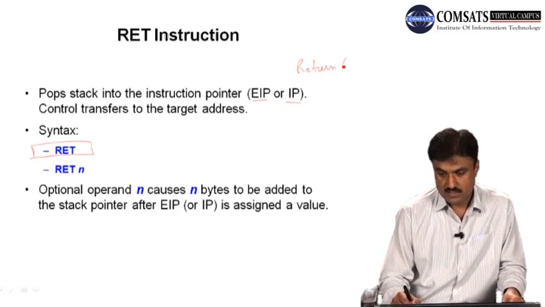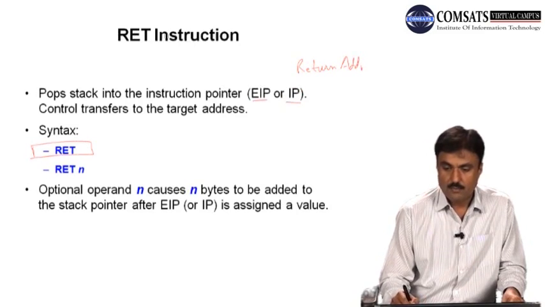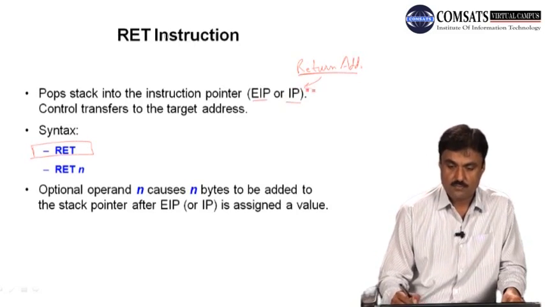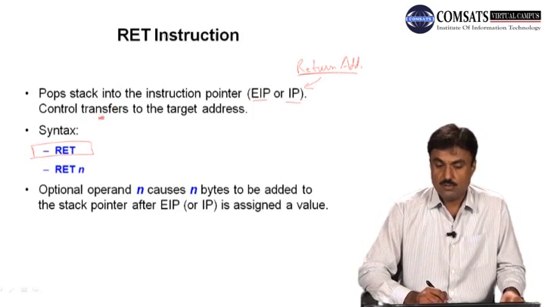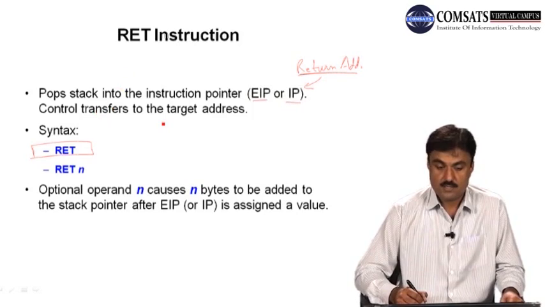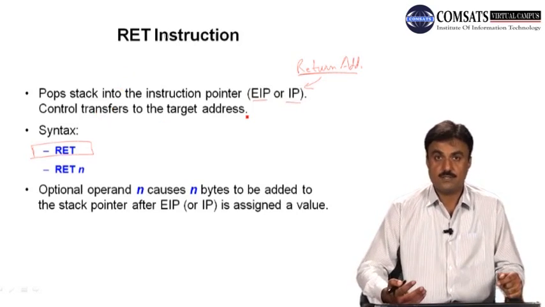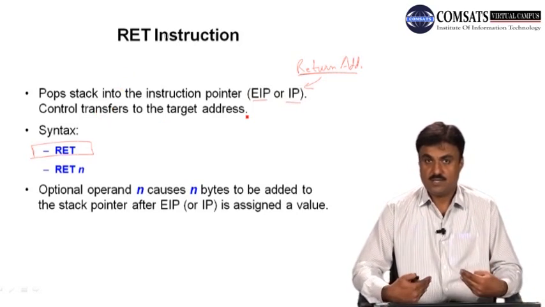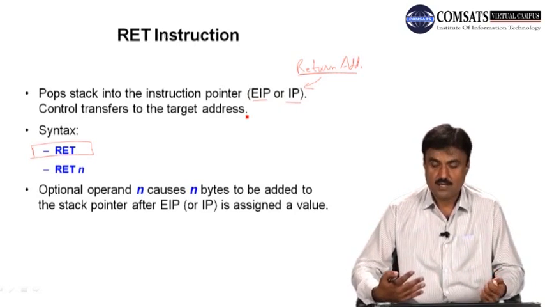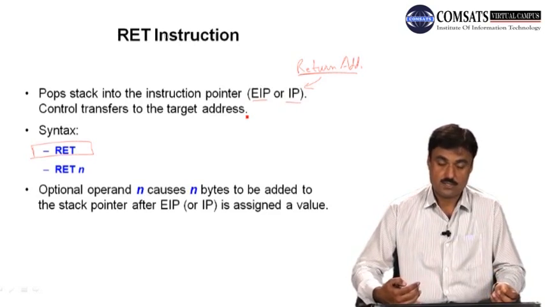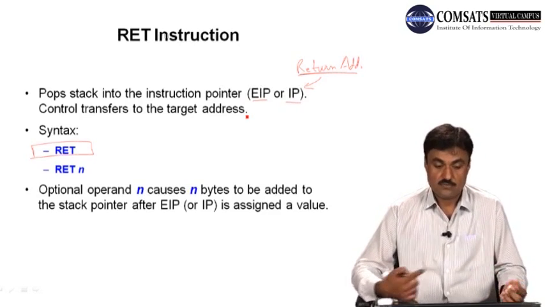The return address is popped and moved to the instruction pointer, or the program counter, and control is transferred to the target address. That is the purpose of the return instruction.